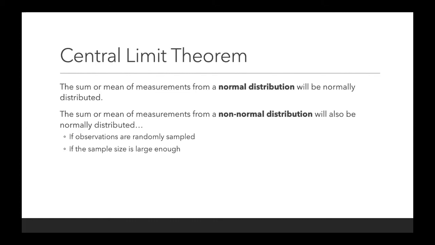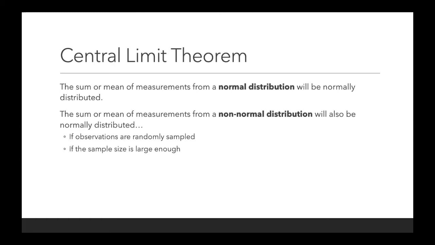But in addition to that basic principle, the sum or mean of measurements from distributions that aren't normally distributed will also tend to be normally distributed if observations are sampled randomly and if the sample size is large enough.